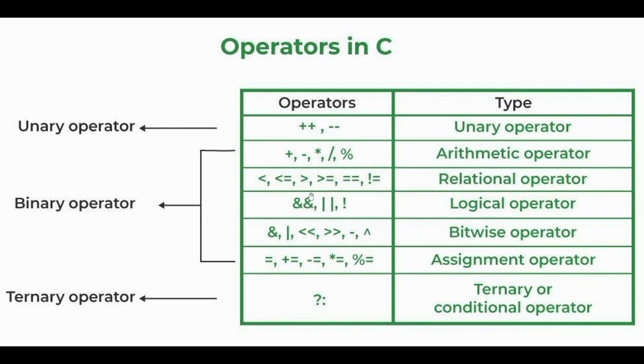Generally, we also use the ampersand symbol for AND. As a shortcut for AND we use this symbol, and this double line symbol is the indication for OR. These come under logical operators. So we are going to write the program using these AND and OR operators.